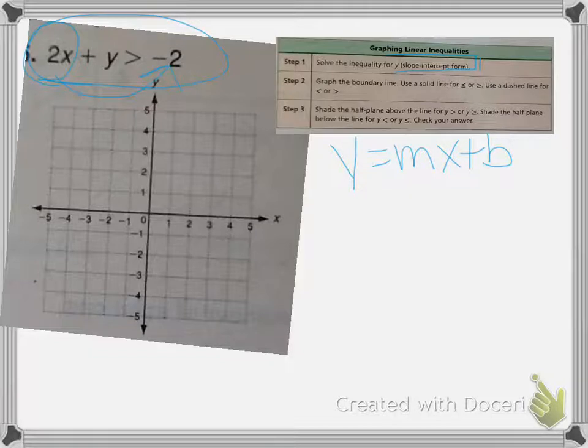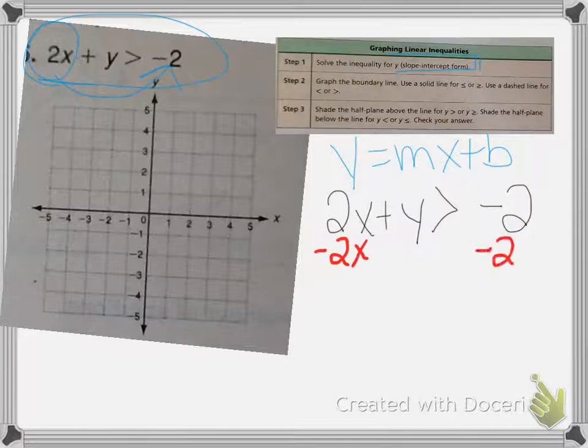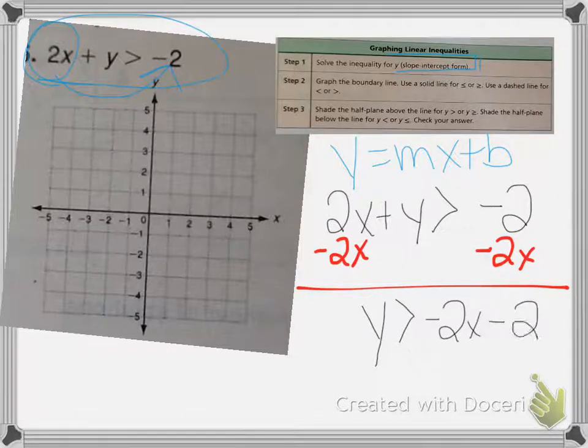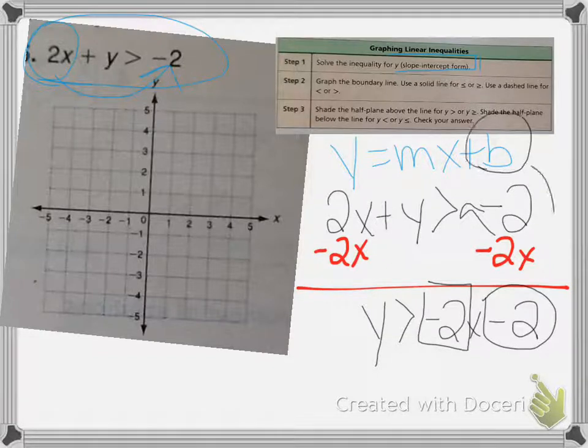So I'm going to subtract 2x from both sides, and then I'll have y is greater than negative 2x minus 2. Now it's in slope-intercept form: there's my m, and minus 2, there's my b.